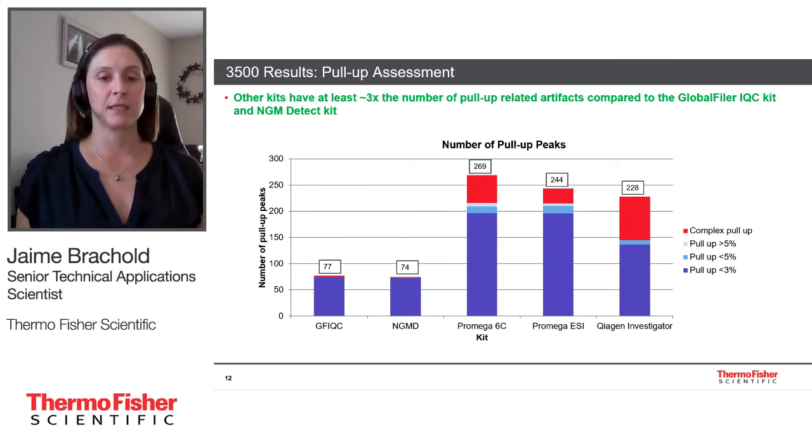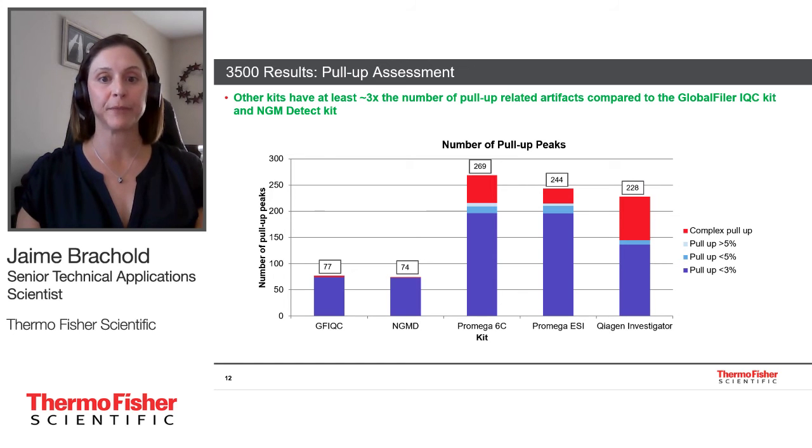Here, what you see across the x-axis are the 5 different kits. Across the y-axis are the number of pull-up peaks. So that's traditional and complex counts of pull-up combined. The different colors in the bars themselves, the red indicates the count of complex pull-up peaks.